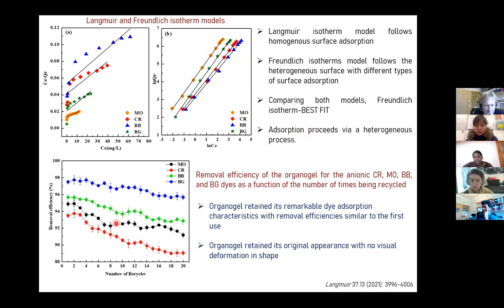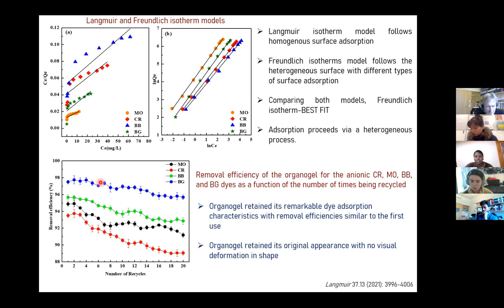Then for any application, we also should know whether the material can be regenerated and reused. So here you are seeing the plot of removal efficiency and the number of cycles in which the gel has been used. What we did was, first we put the gel in the dye solution, then after 60 minutes measured the concentration of the dyes, then put it in an alcohol solution to get rid of the dyes, and saw that an almost negligible UV spectra profile for this dye should come, and then again put it back in the dye solution.